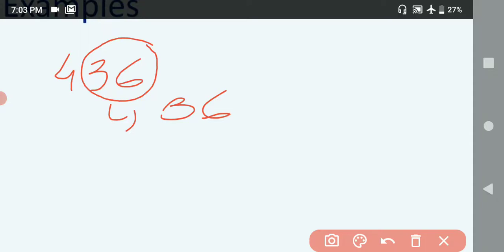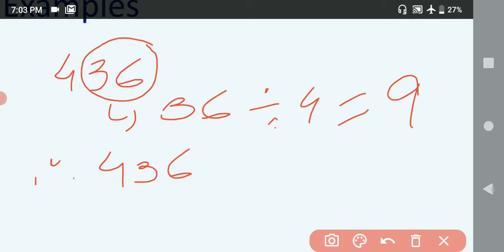And we know that 36 is divisible by 4. If I divide this by 4, it will completely divide and give 9. As 36 is divisible by 4, therefore 436 is divisible by what? 4.